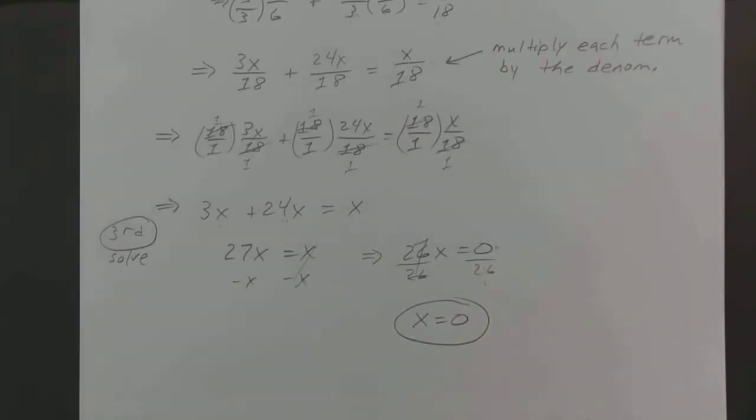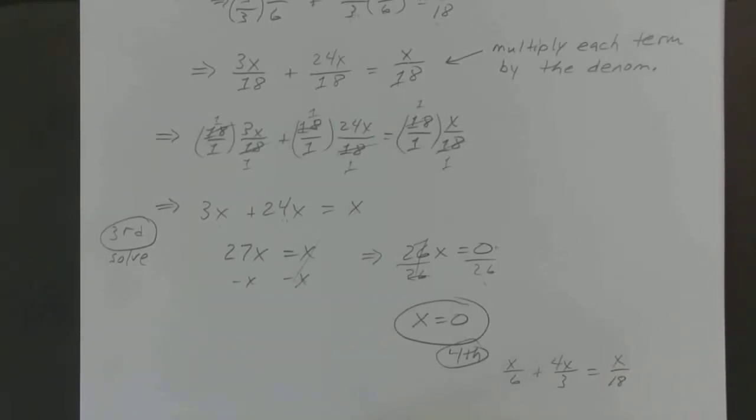Okay. And your fourth step, you don't really have to plug it in. But if you look back up to your original equation, x over 6 plus 4x over 3 equals x over 18. Plugging x equals 0 in will not make any of those denominators equal 0.